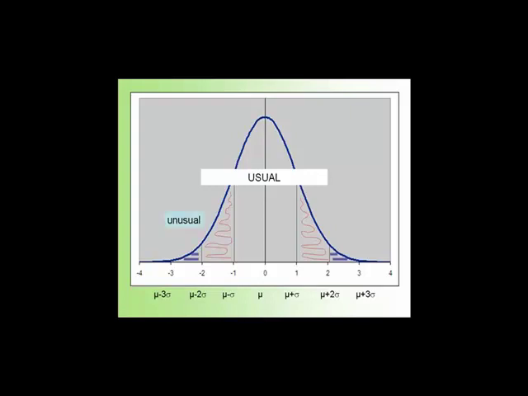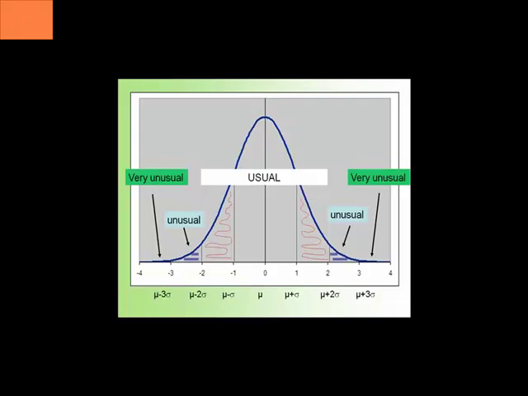If the data piece is between -2 and -3 standard deviations, or +2 and +3 standard deviations, that's considered unusual. What about those 0.3% that are beyond the 3 sigma limits? Very unusual. More than 3 standard deviations from the mean is very unusual. I can relate to that.